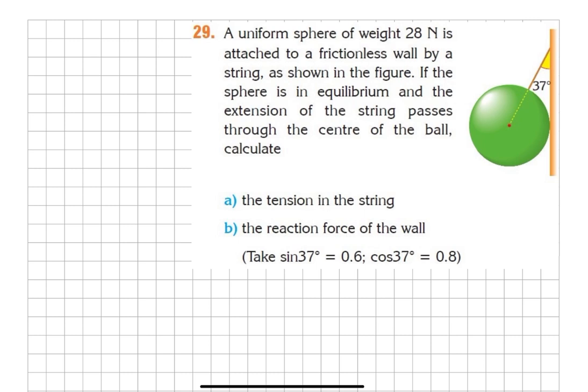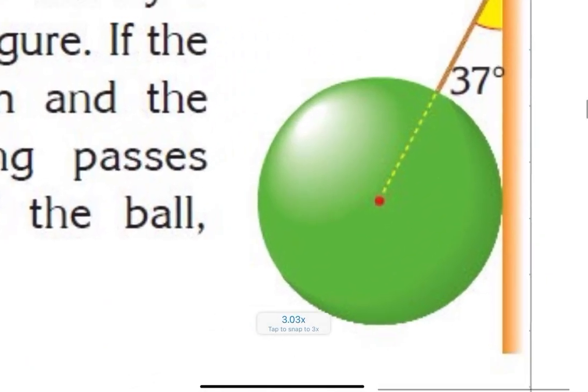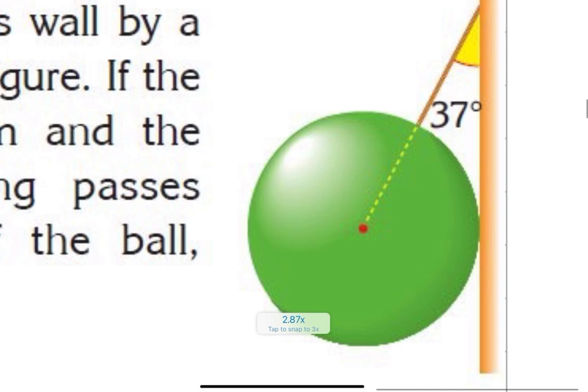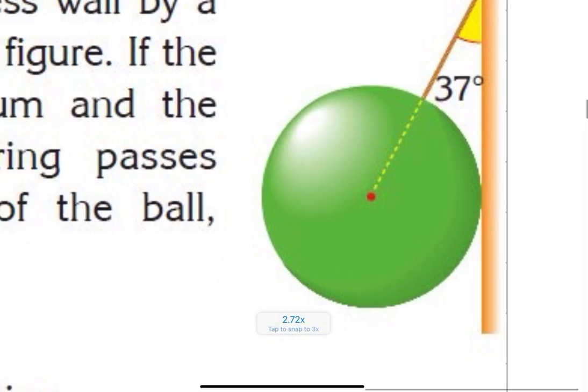So here we have to apply conditions of equilibrium, and in order to get the tension value we have to use the second condition of equilibrium. But for it we first have to make the equation, we have to find the torque. Here the pivot will be located here. This is our pivot.